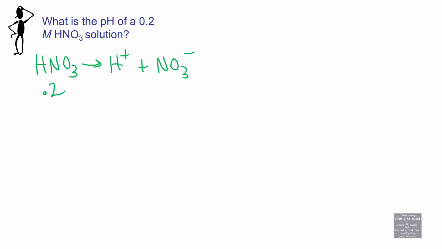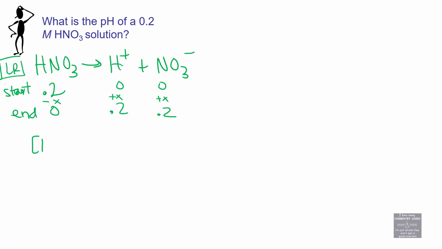Yes, we usually put moles in limiting reactant tables, but if we assume a liter, 0.2 moles of this in the beginning, that says start, you're going to gain x amount. This is limiting reactant that I'm doing, and you have no reactant left over. No HNO3 because it's a strong acid. So the H+ concentration in a 0.2 molar strong acid is 0.2 molar.